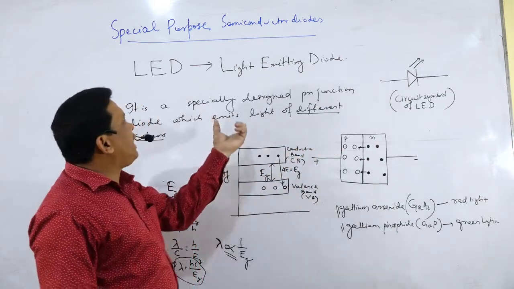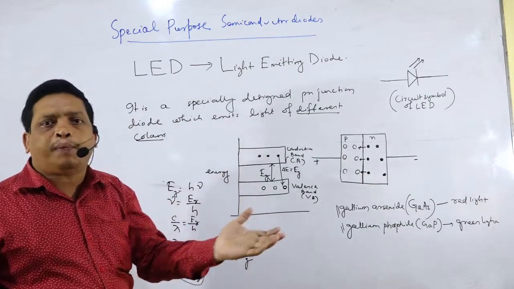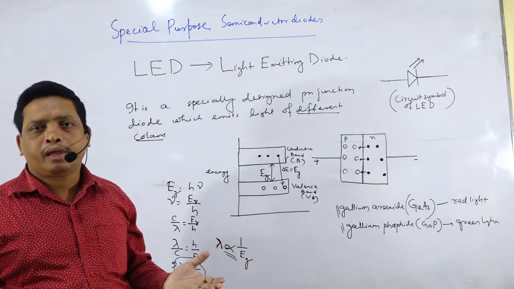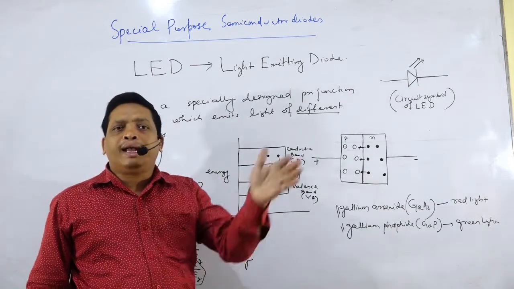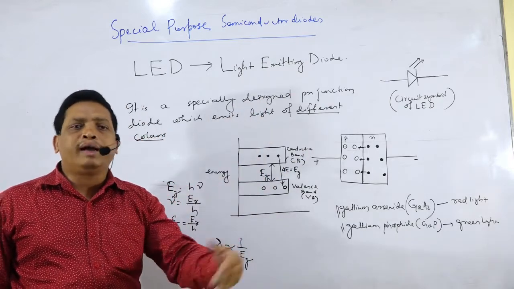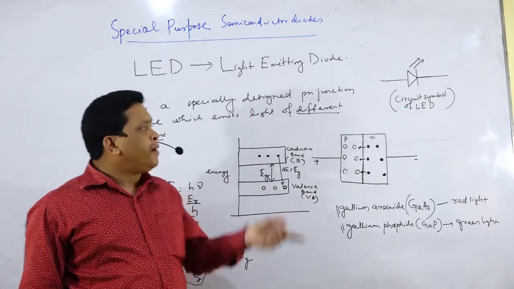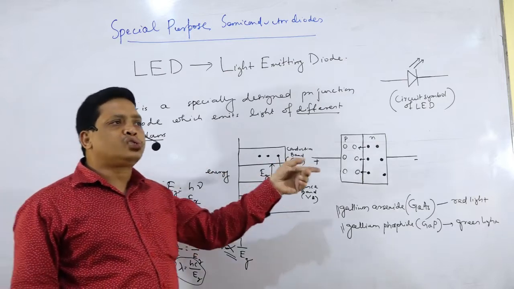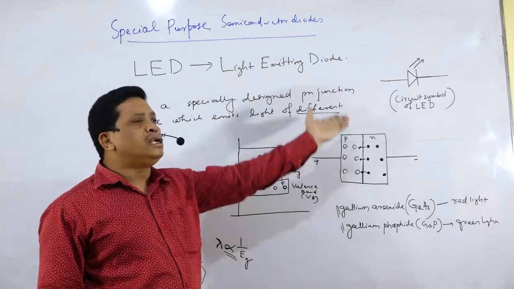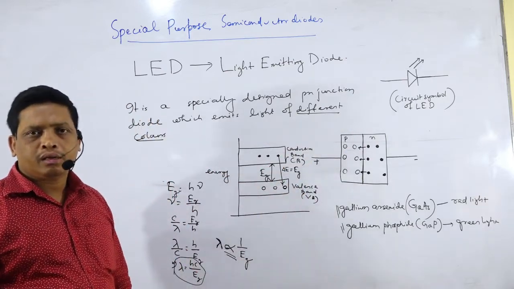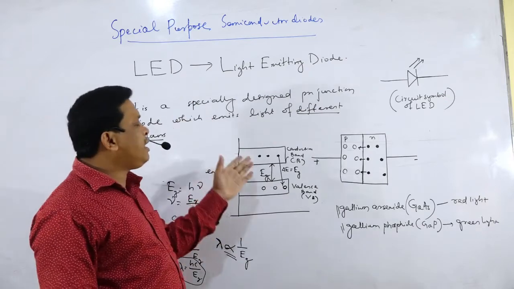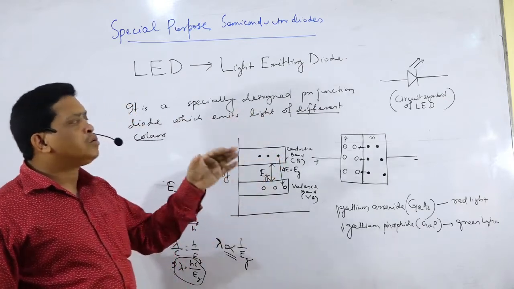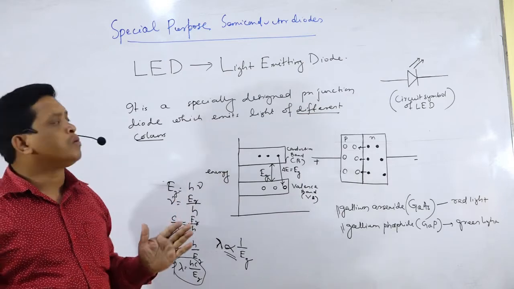The function of LED is opposite of a photodiode. In a photodiode, when light falls, current is produced. But here, when current passes through the LED, light is emitted. So the function of LED is just opposite to that of the photodiode.